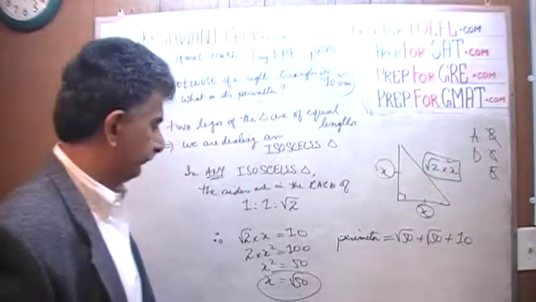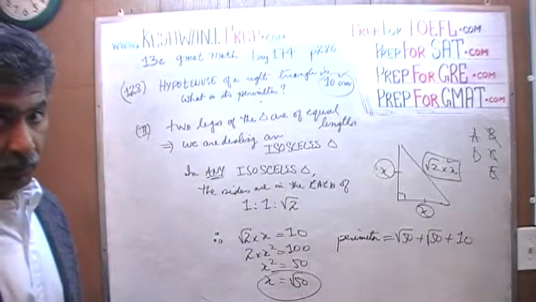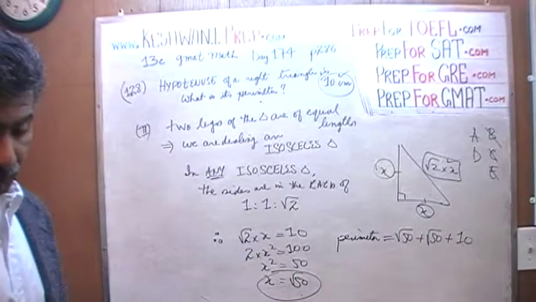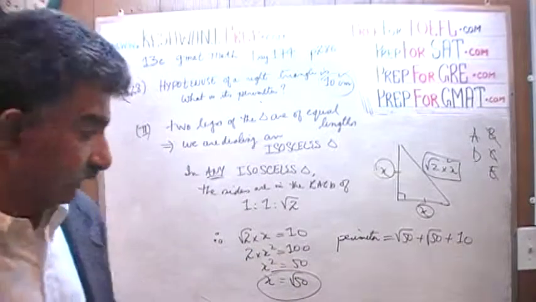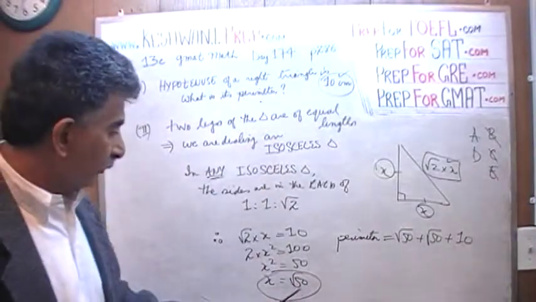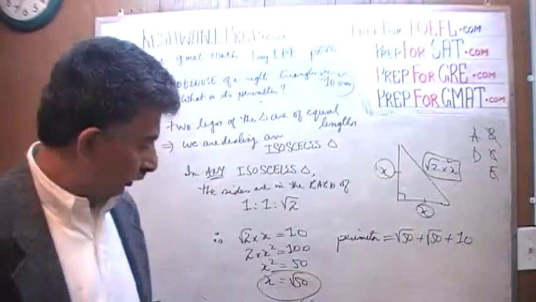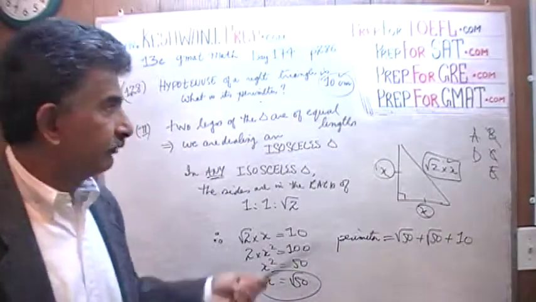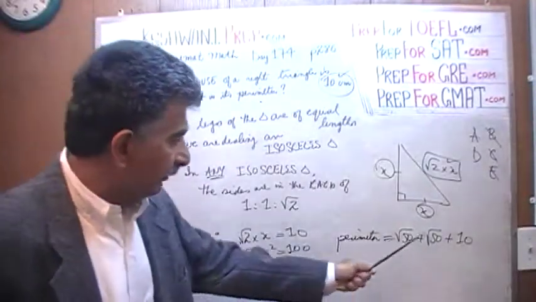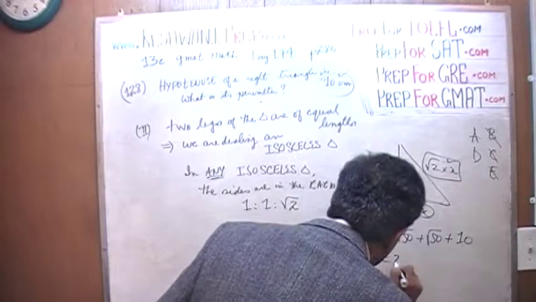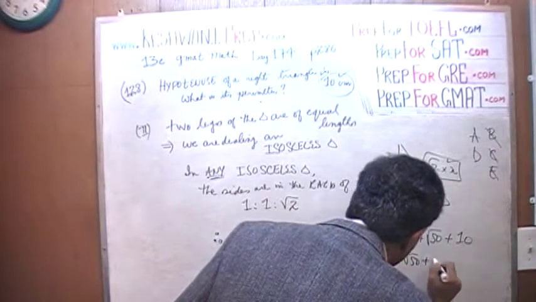Let's just keep it 10. It has to work out to be 10 because that's what it is. The square root of 50 times square root of 2 would be square root of 100, and the square root of 100 is 10, which is what we're told here. Let's simplify this. This is the same as 2 times the square root of 50 plus 10, and that's our perimeter.